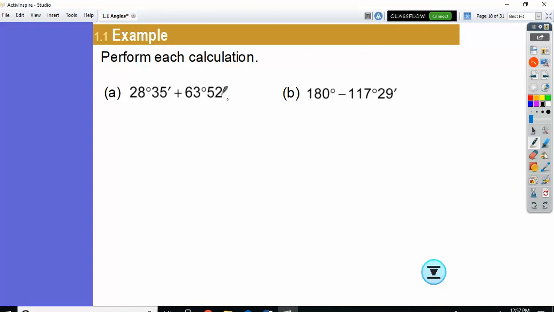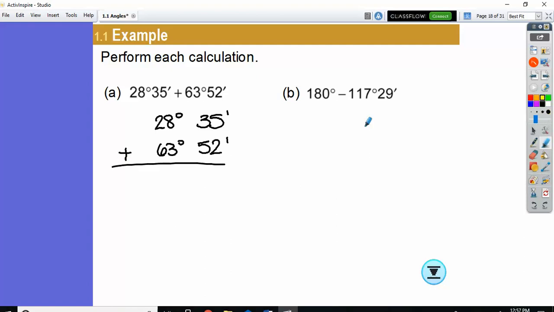You stack them, right? And then we're going to do just like we always do if we add or subtract. We always add and subtract like terms. So we're going to add our minutes together, and then we will add our degrees together.